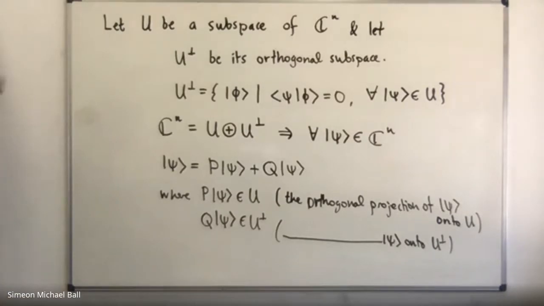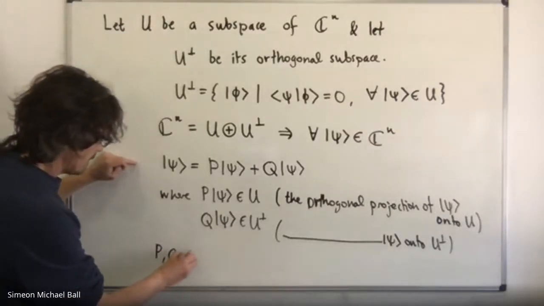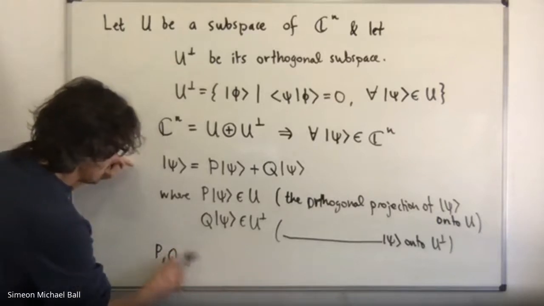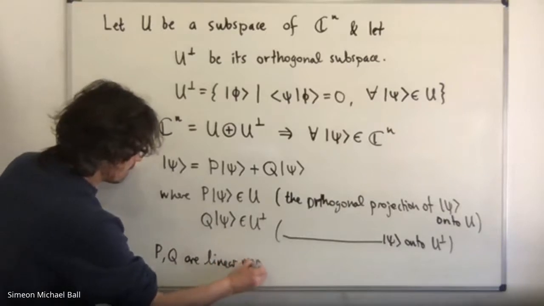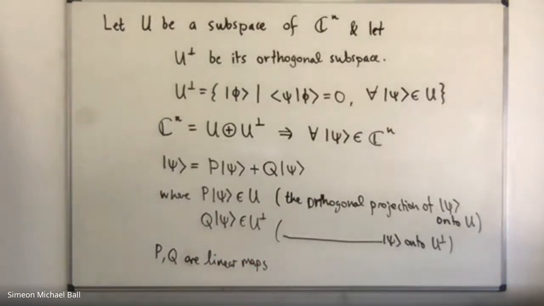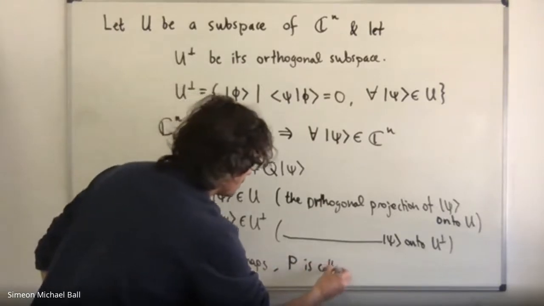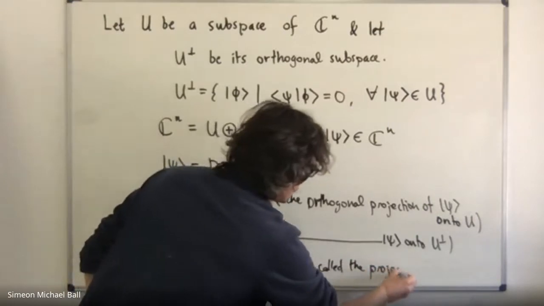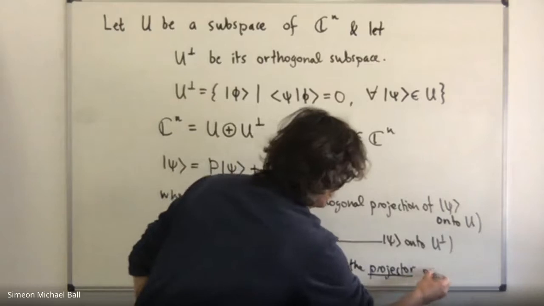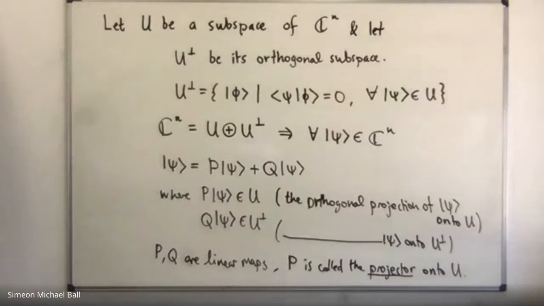And these maps, P and Q, are linear maps. P is called the projector. So often we will describe a subspace by just giving you its projector, which is just a linear map.